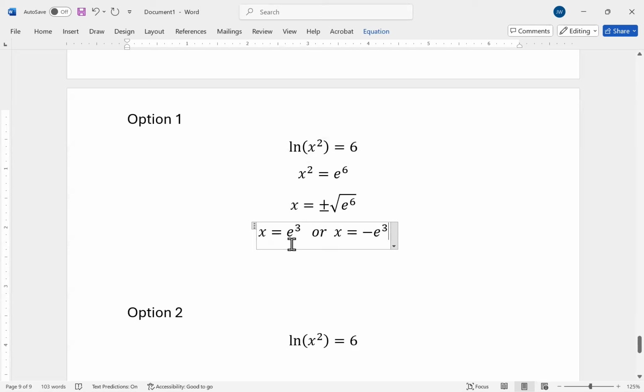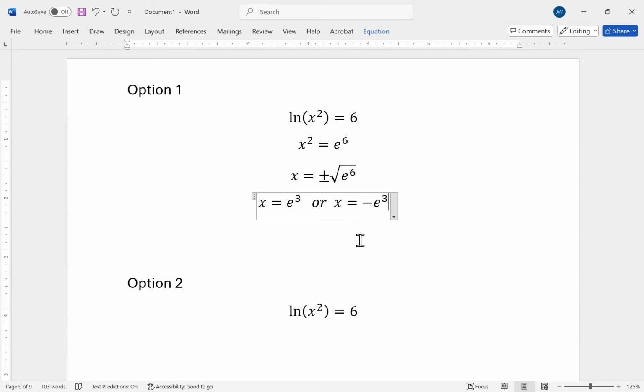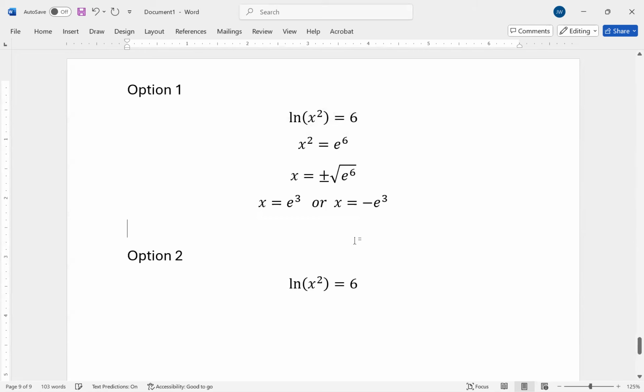Now, when I plug in e to the 3rd, since I have to square it before I take the natural log, both the positive e to the 3rd is going to work and the negative e to the 3rd is going to work, because when I take a negative e to the 3rd squared, I get a positive e to the 6th. And that's perfectly fine. Natural log of e to the 6th is equal to 6. We get the right answer. You could get approximate versions of that as well.